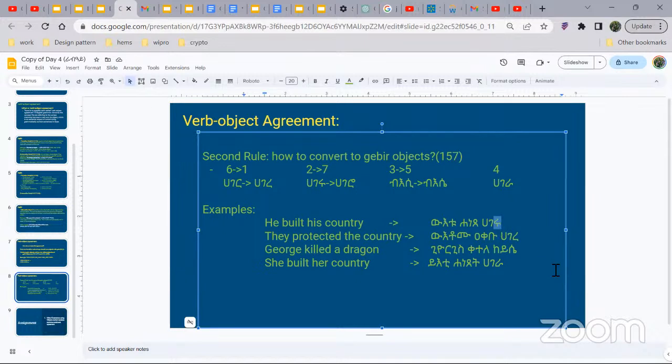So in order to change this, I should use ሃገሮ.